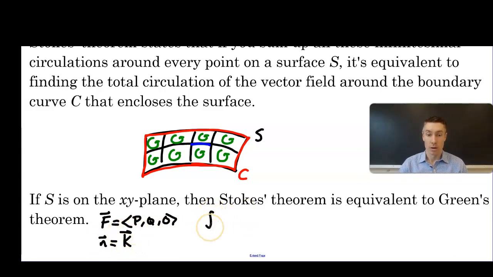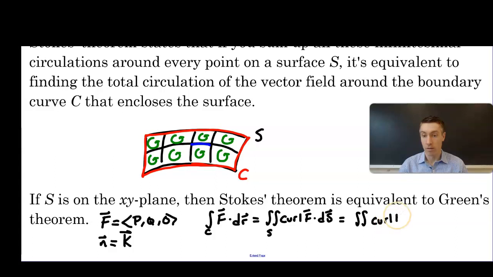So really, Stokes' theorem says that the line integral of F dot dr is equal to the double integral over S of curl of F dot dS, which we can write as the double integral of the curl of F dot k dA over the region in the xy plane.